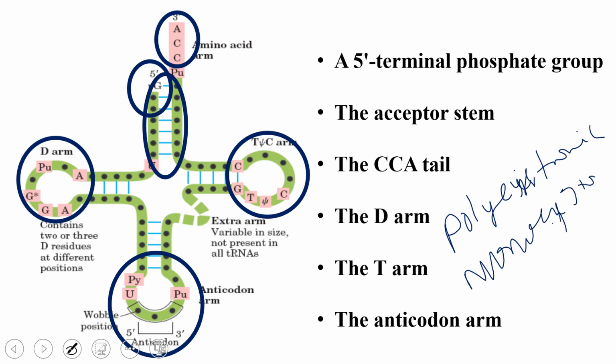Polycistronic means a single mRNA has many coding regions and codes for many polypeptides. Many proteins can be synthesized from a single messenger RNA, and monocistronic means one mRNA will give you only one type of polypeptide, a single polypeptide.